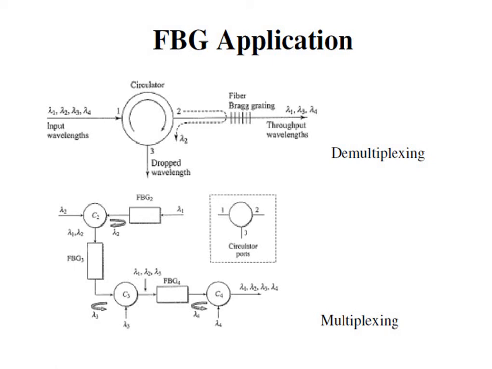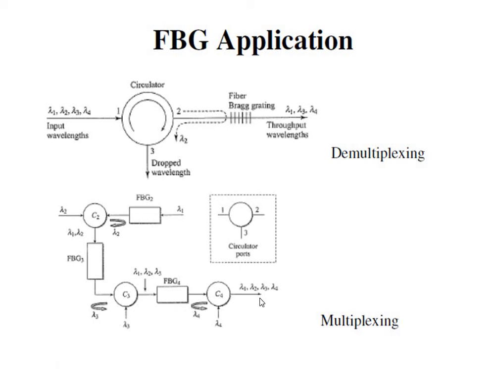The fiber grating filters are labeled here as FBG2, FBG3 and FBG4. These are constructed in such a way that they reflect wavelengths lambda 2, lambda 3 and lambda 4 respectively, and pass all other wavelengths.